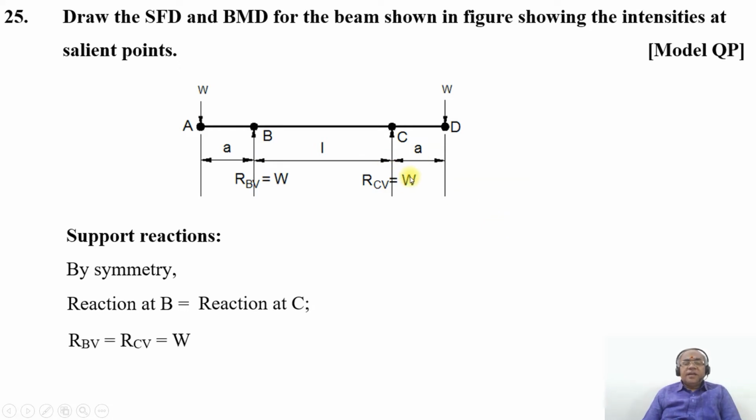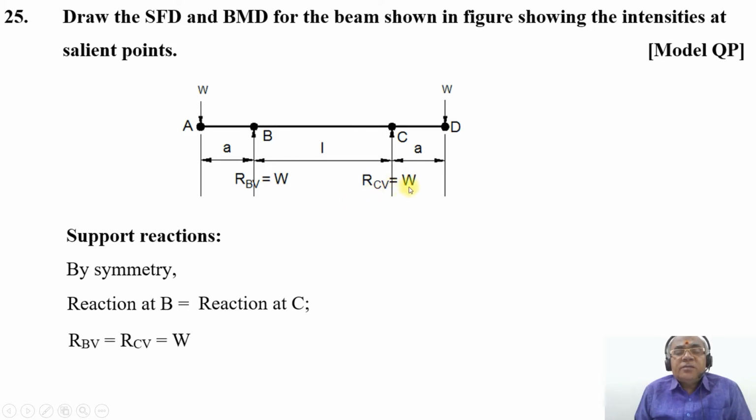Once you get RCV as W, then what happens? The sum of the vertical loads in the upward direction is equal to the sum of the vertical loads in the downward direction. So we have RBV plus RCV equal to capital W plus capital W, which becomes 2W. We don't know the reaction at the support B, so RBV will be equal to 2W minus RCV.